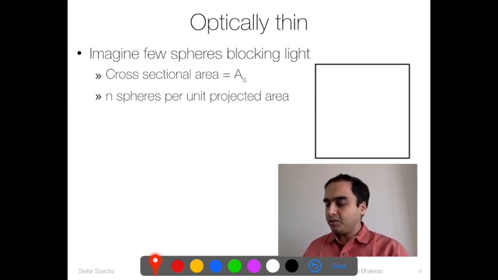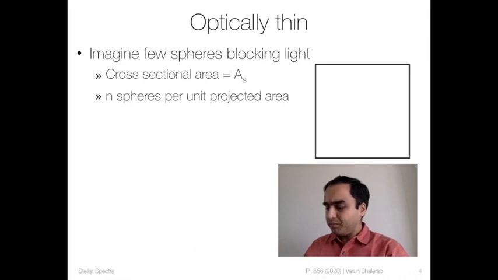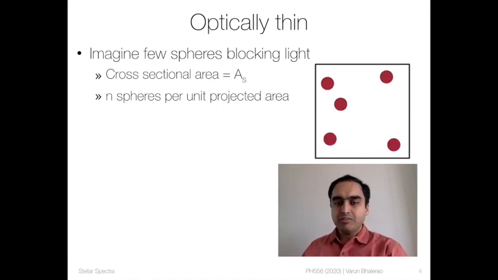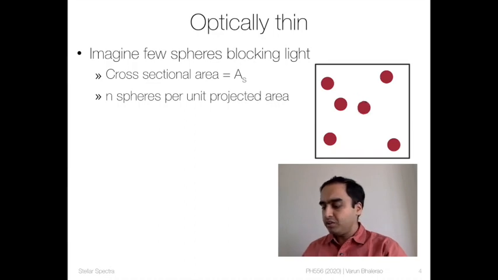For example, suppose this box drawn here is a unit area box, so 1 square centimeter, and now let me add some spheres here that are going to block light that is trying to come through. As I keep adding these spheres randomly, note that while I have a small number of spheres, the chance that these spheres overlap with each other is very, very small.